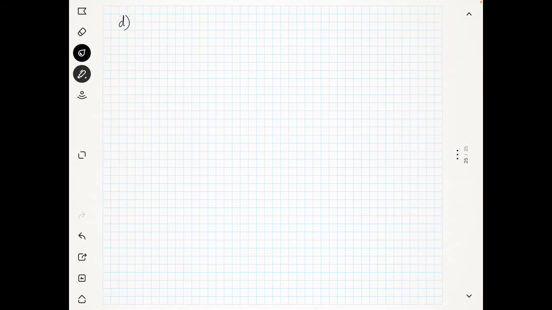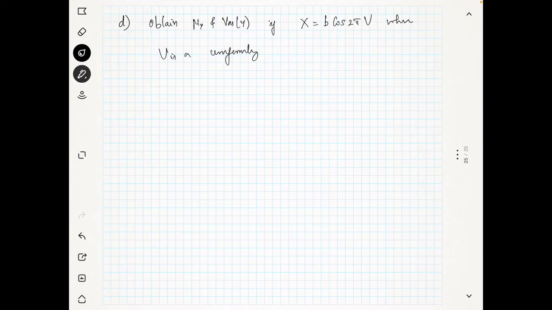Now the last part of the question: obtain the mean mu y and the variance of y if x is equal to b into cosine of 2 pi into u, where u is a uniformly distributed random variable in the unit interval.